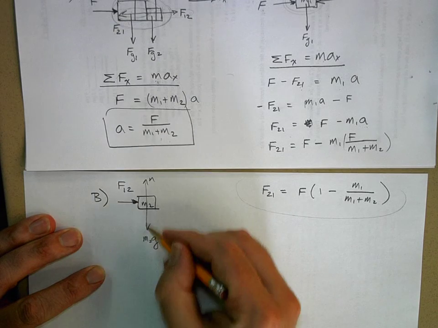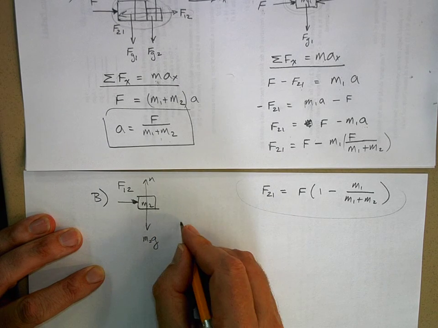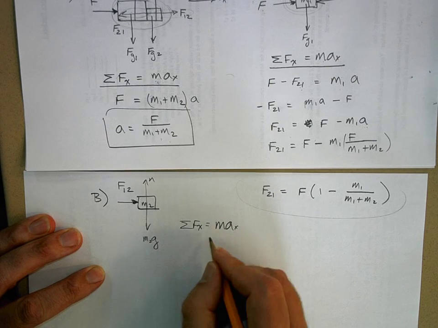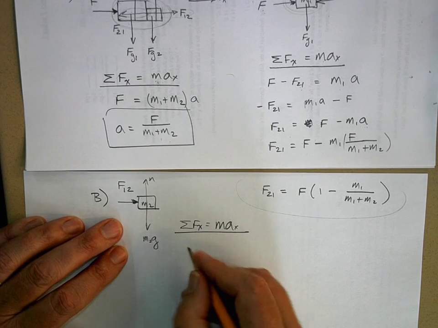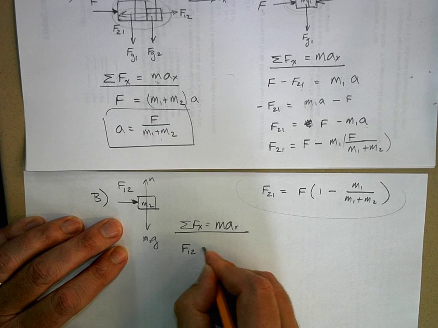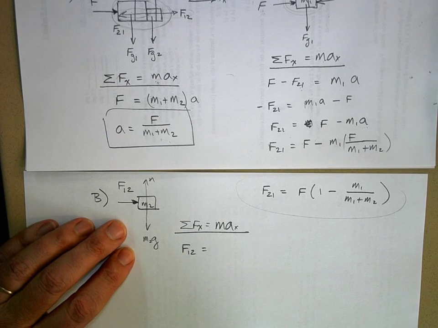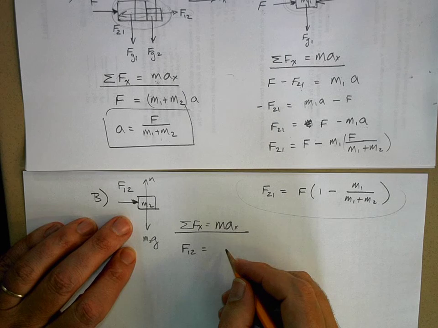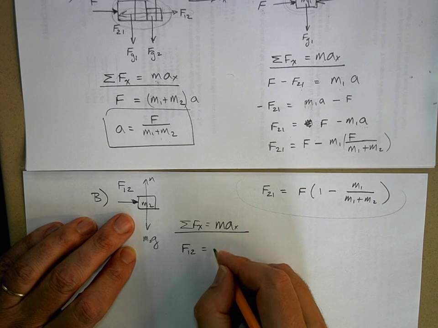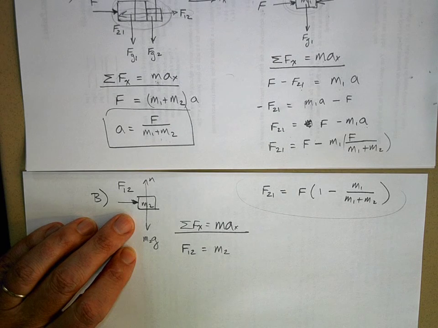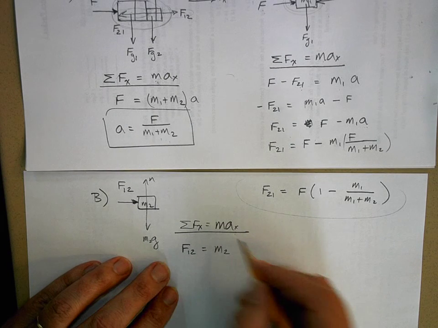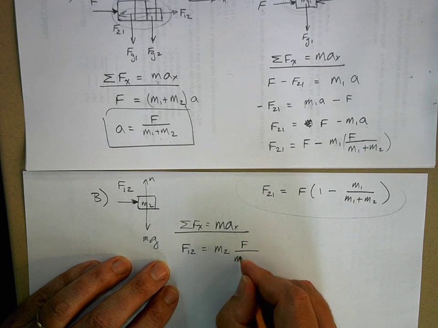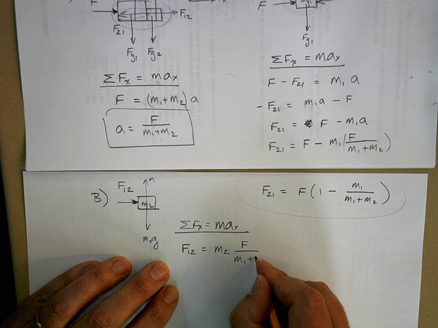But these two just cancel each other. And so now if I sum the forces in the x direction equals MA in the x direction, I've got F1 on 2 is equal to M2 times A. But what is A? A is F over M1 plus M2.